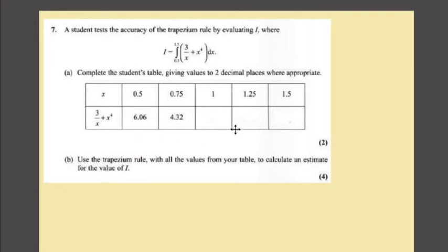So what is h? It may appear that you've got 1, 2, 3, 4, 5 values, but n is not 5, n is 4, because there's actually 4 strips. The way I like to do it, I like to go 1, 2, 3, 4. So you've got 4, so n is 4.